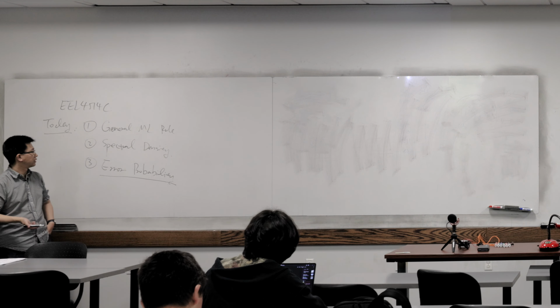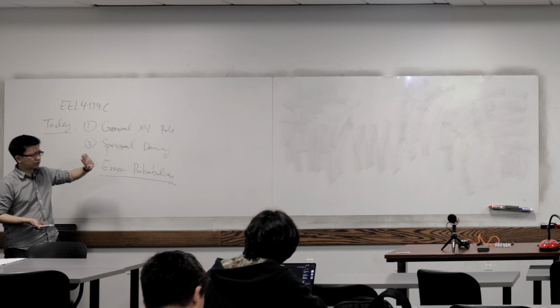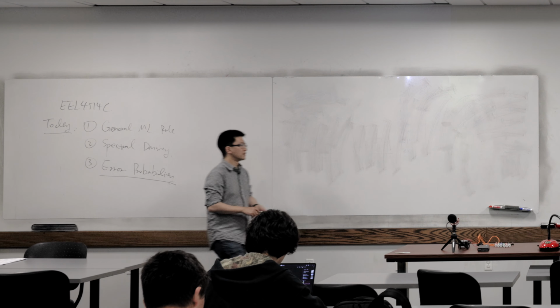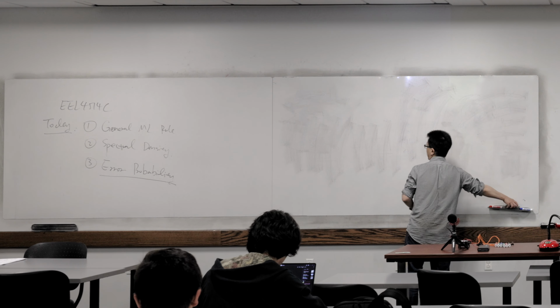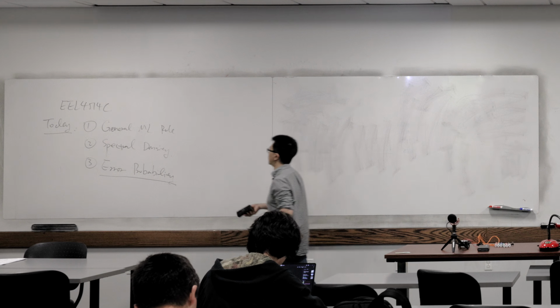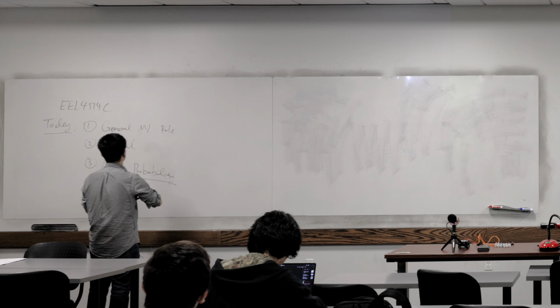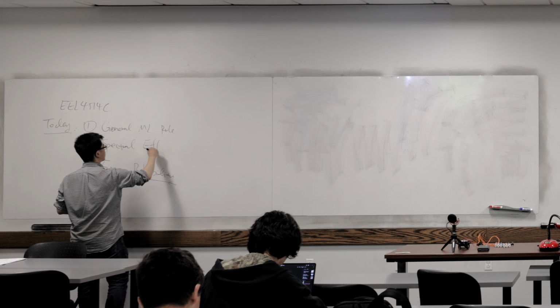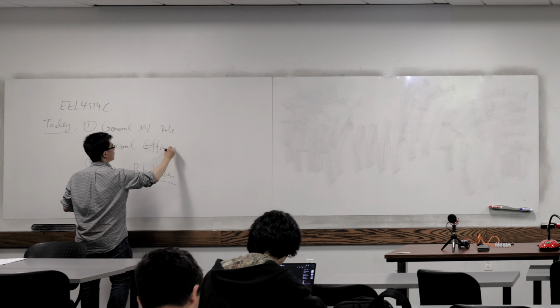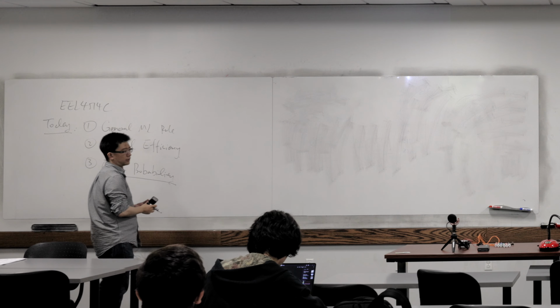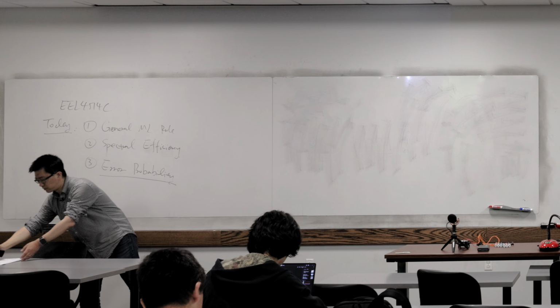Then we can see the trade-off between the spectral efficiency and energy efficiency, right? So this is a trade-off we mentioned when we first talked about digital communication, right? Okay, so that's the agenda.